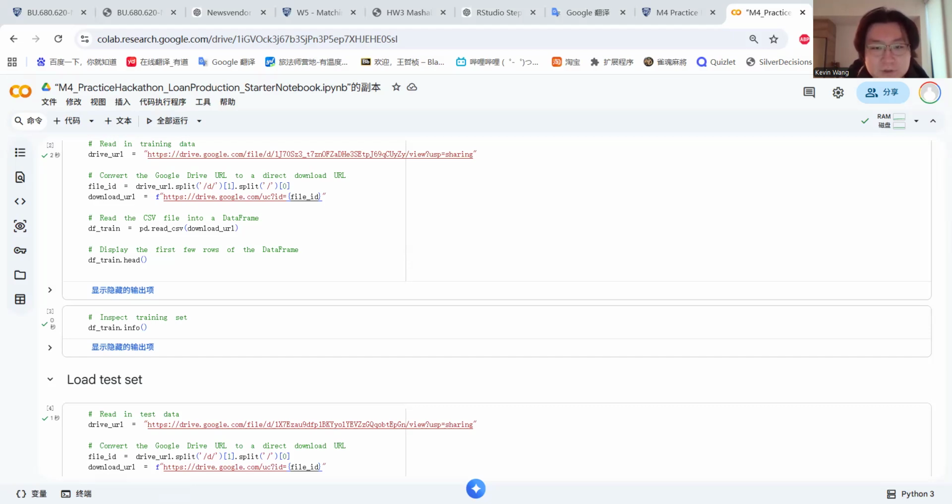The confusion matrix helps me interpret the prediction errors, showing the balance between correctly identified safe loans and the detected risky loans.